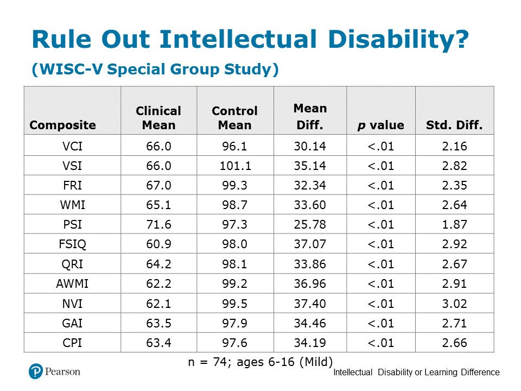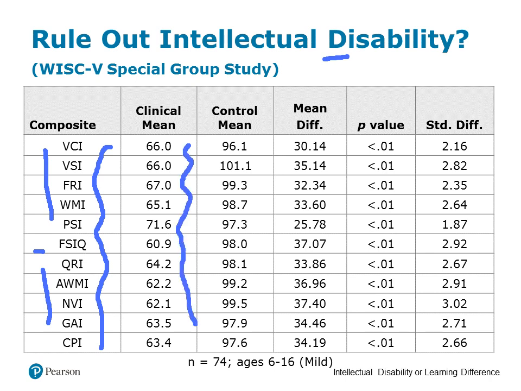So I pulled out a special group study from the WISC-V, and one of the things that I want you to see is that across the composite scores, whether you're thinking about the full-scale IQ, the primary indices, the ancillary indices, the clinical means, the means for a special group of individuals who were diagnosed with an intellectual disability, mild severity, their composite scores tend to cluster around the 70.